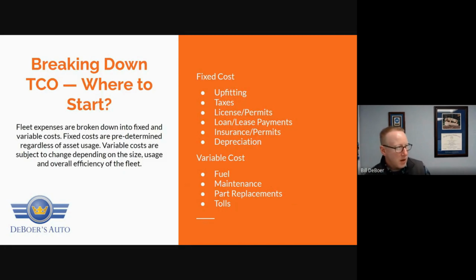So, breaking down total cost of ownership, where to start? Fleet expenses are broken down into fixed and variable costs. Fixed costs are predetermined regardless of the asset usage.